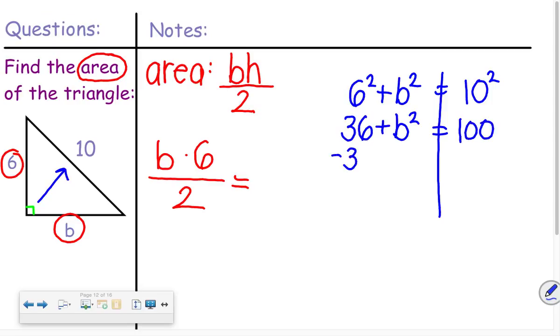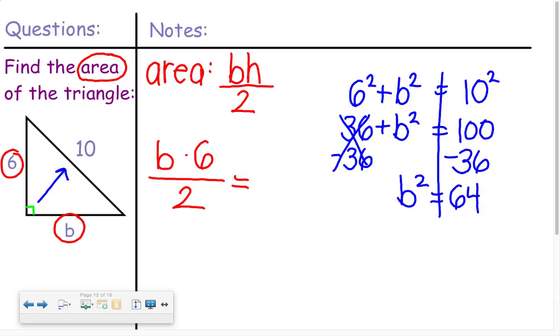If I subtract 36 on both sides, I end up with 64. And then I undo my squared by square rooting both sides. And I have b equals 8.